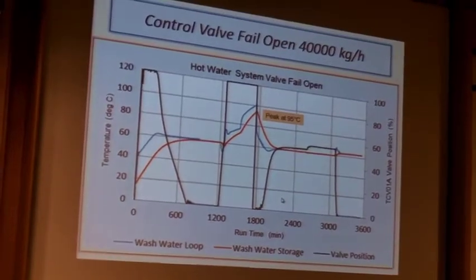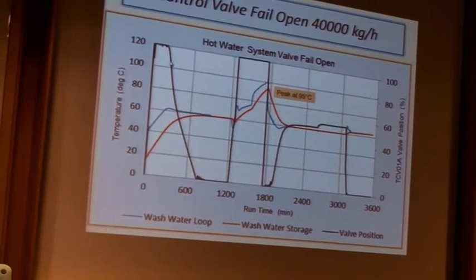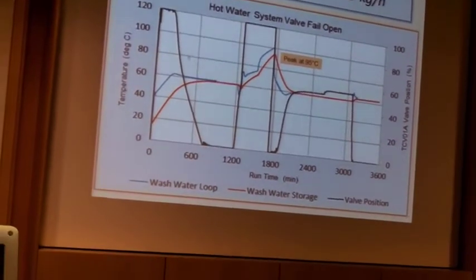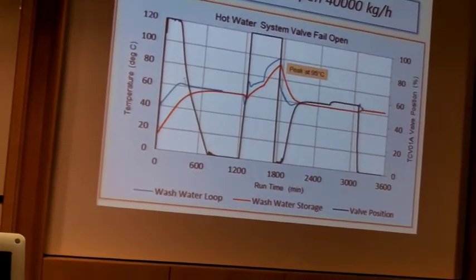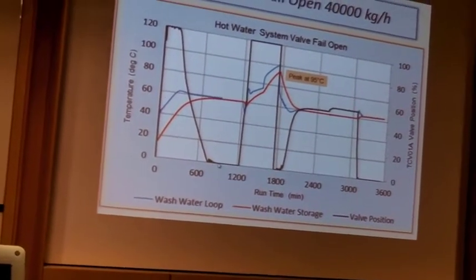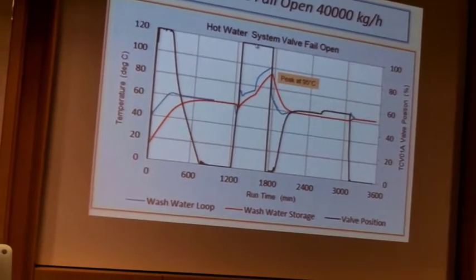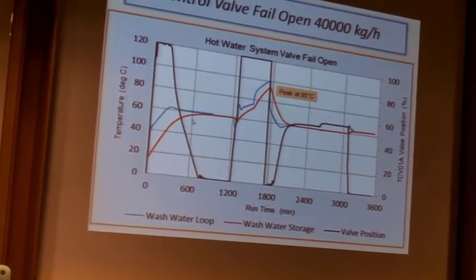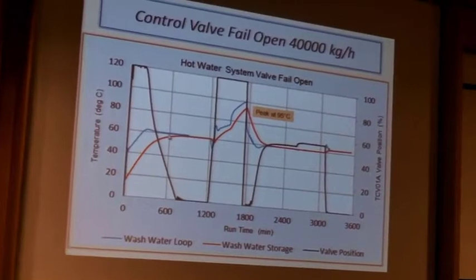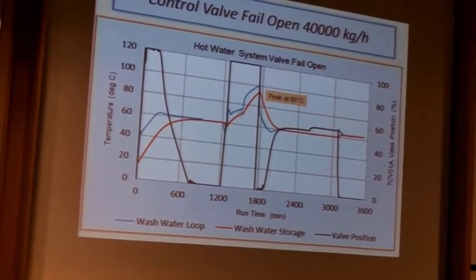I failed the valve open now, so what we have, this is the control valve position to the heat exchanger. This is under normal control here, and there's no load on the system now, the tank's up to temperature. But then I kicked it wide open, I forced it open, and you can see that's the wash water loop temperature.